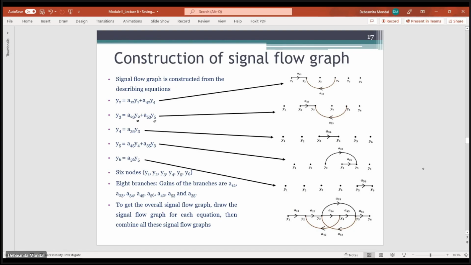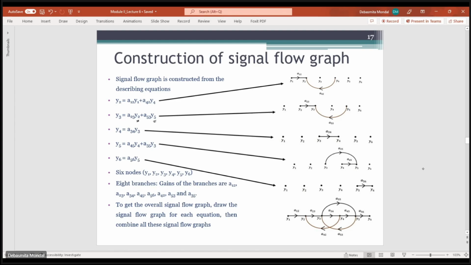Since it is given as a53 for the gain, how do you find the direction? Since we are finding the variable at each node and there is an addition, both branches will be coming into that corresponding node.